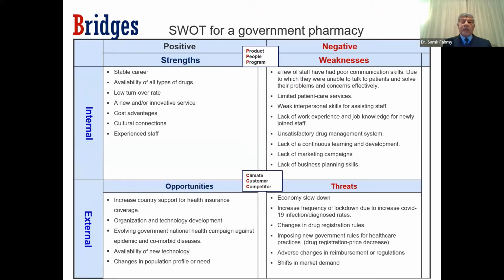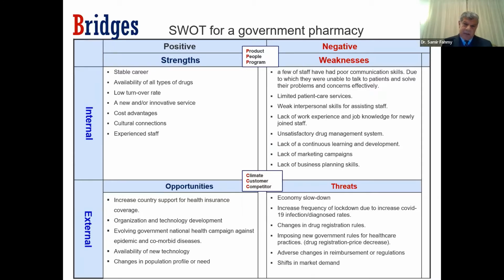If we move to the government pharmacy, I mean the pharmacy operating within the governmental hospitals or Ministry of Health, I'm giving a sample as well for strengths: stable career, availability of all types of drugs, low turnover rate, a new or innovative service, cost advantage as it offers the drugs with special rates sometimes, cultural connections, experienced staff.